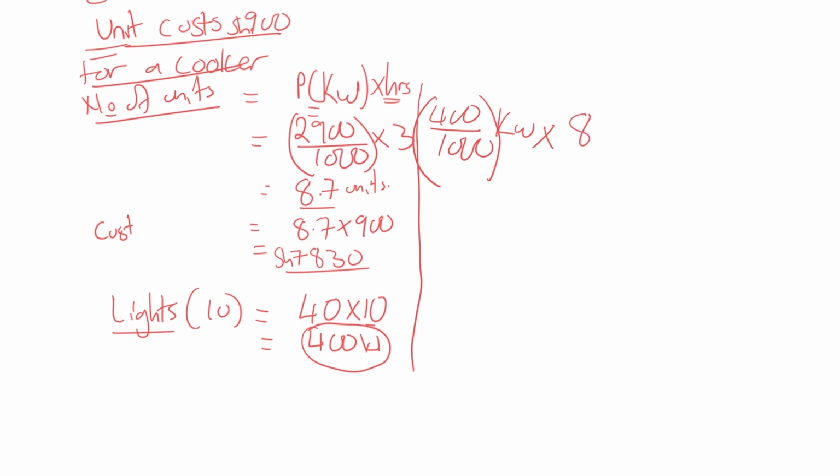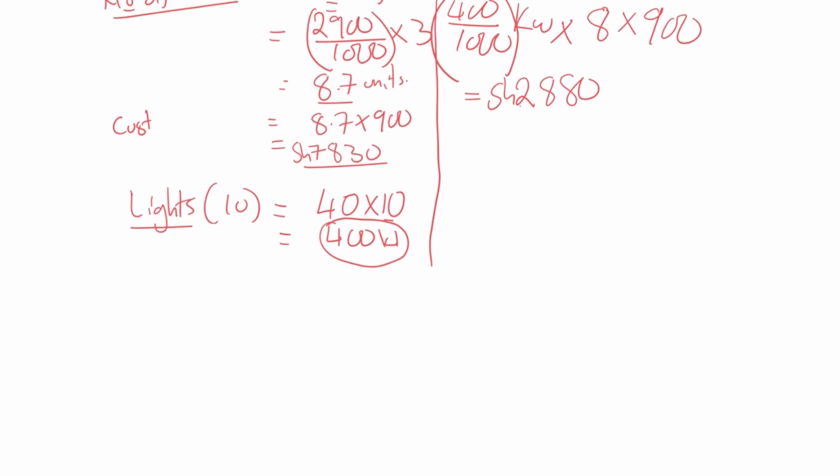Then times each unit cost, 900 shillings. When I press my calculator, I'm getting 2,880 shillings.